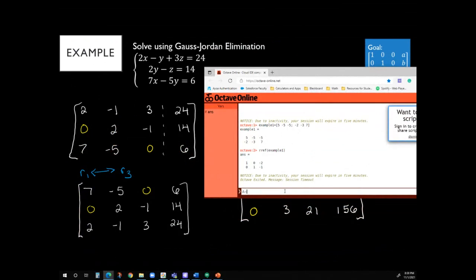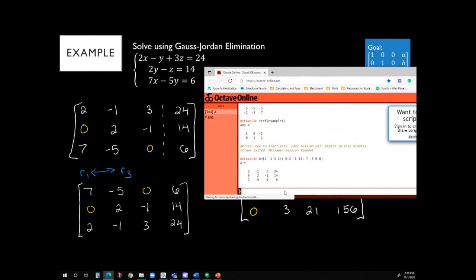A is super easy. I've got 2, -1, 3, 24, semicolon for the next row, 0, 2, -1, 14, semicolon, third row, 7, -5, 0, 6. Then close my brackets.